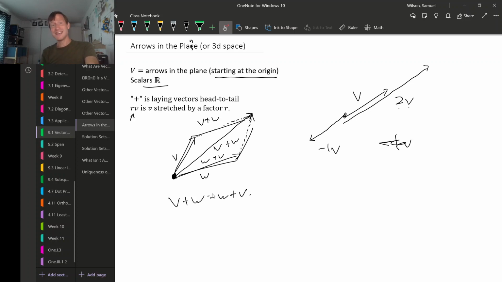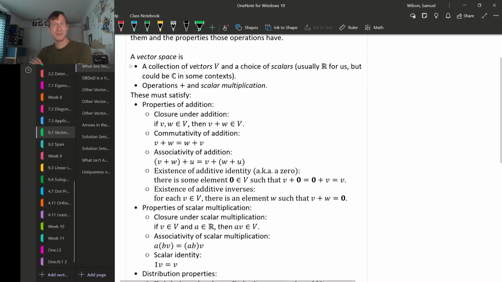So as you can see, this big list of properties that we came up with for vector spaces, it might seem like it's difficult to come up with examples of spaces that satisfy all of these properties, but in fact, lots and lots of collections satisfy these properties. Not all collections, as we'll see, but many do.